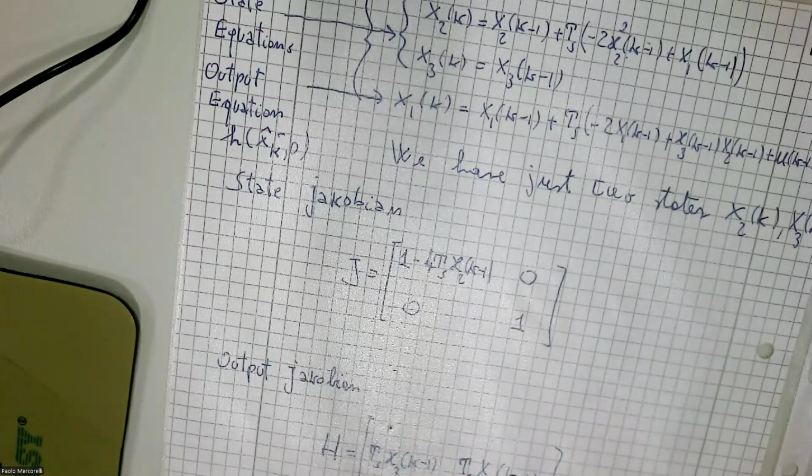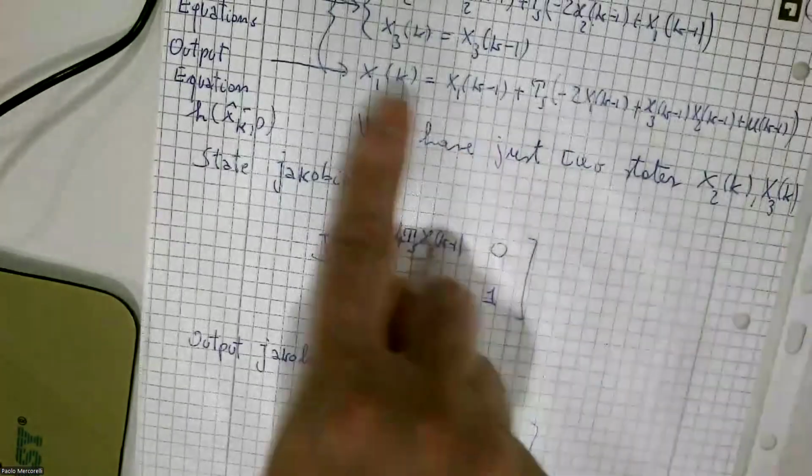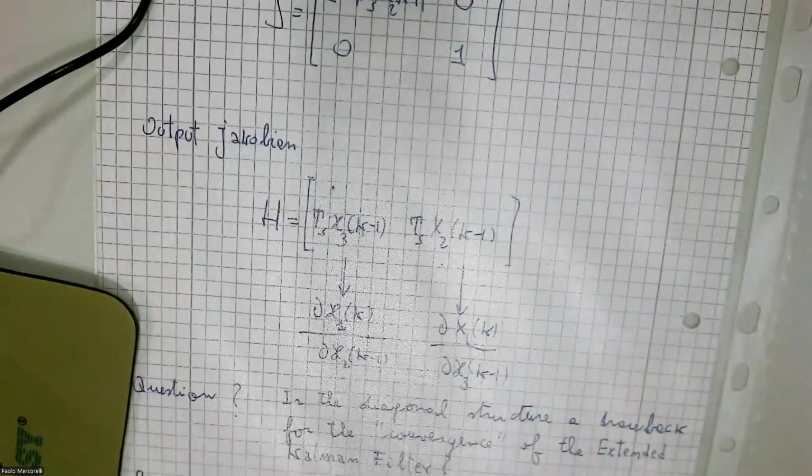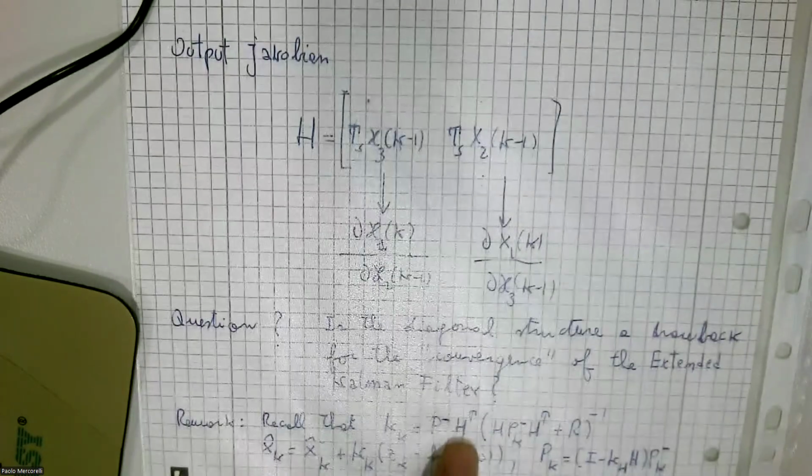It seems that the system is not connected. But the reason why it's connected is because the system is connected through this equation here, which is reflected here with H. I show you immediately now.